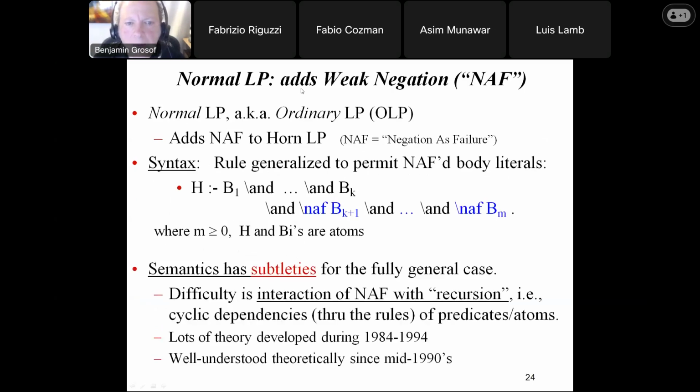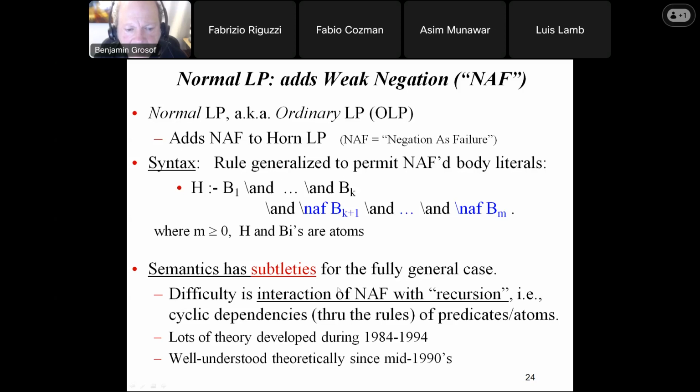In normal LP, we add a new connective that is weak negation, and we add it to Horn LP. Normal LP is also known sometimes as ordinary LP, and corresponds roughly to the syntax of Prolog. The syntax is generalized to permit body literals that may be naffed.